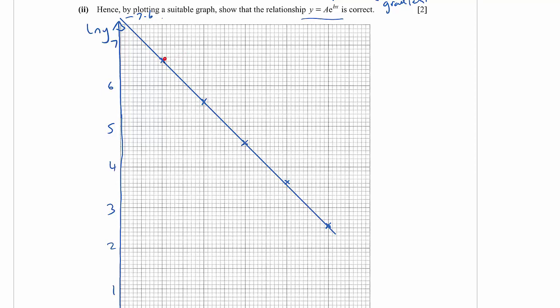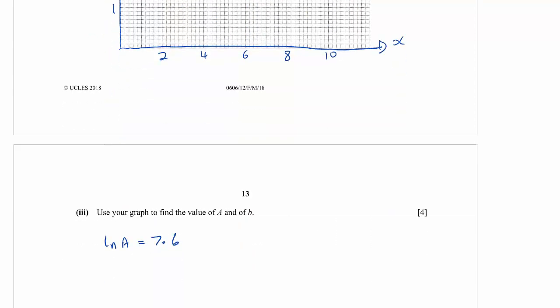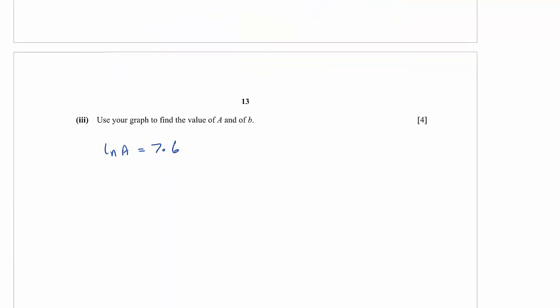If we go across and down, this has gone down 2 while it's gone across 4, so B is going to be negative 2 over 4, which is negative half. So we'll say here that B equals negative half.